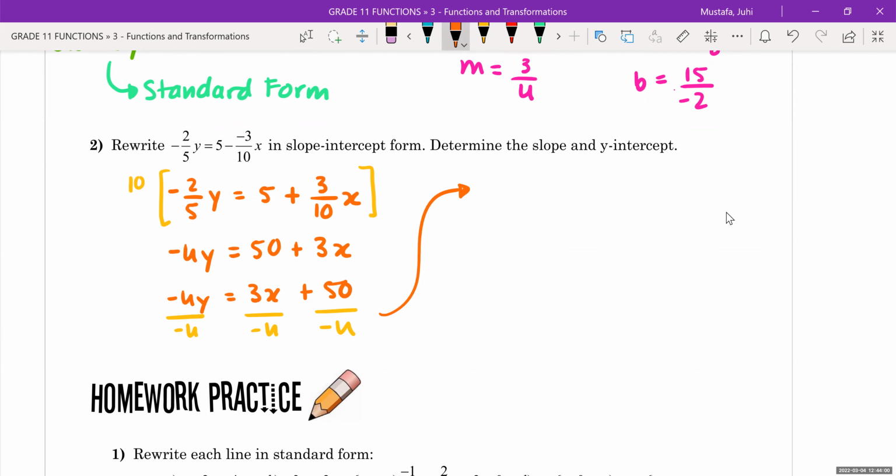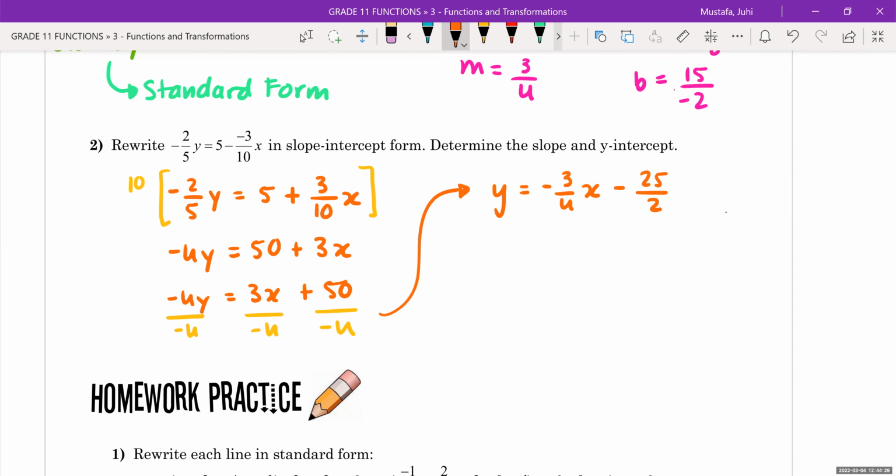So when I do that, negative 4 divided by negative 4 is just y. 3 divided by negative 4 does not evenly go into one another, so that's going to remain a fraction. And 50 divided by 4 would just be 25, negative 25 over 2. That's our final answer in y is equal to mx plus b form.